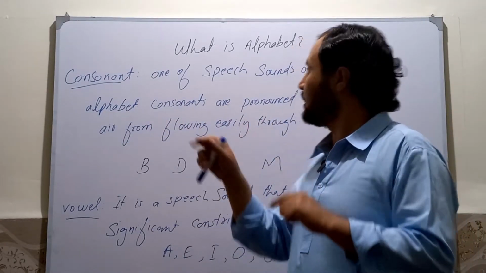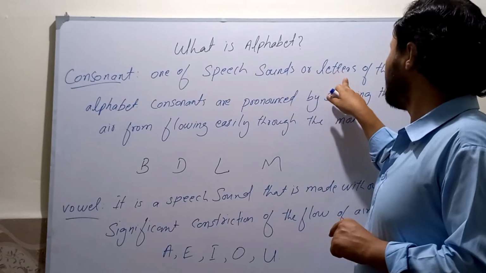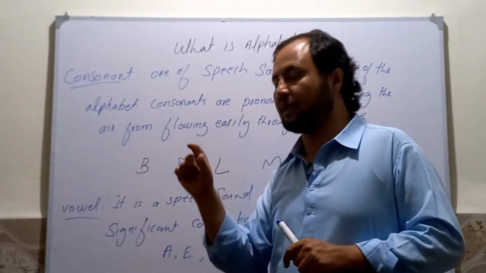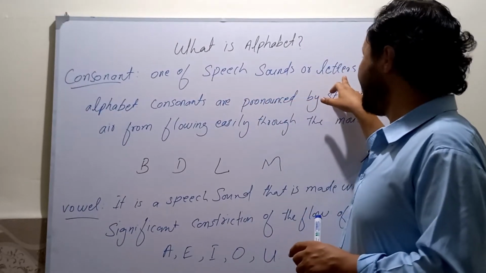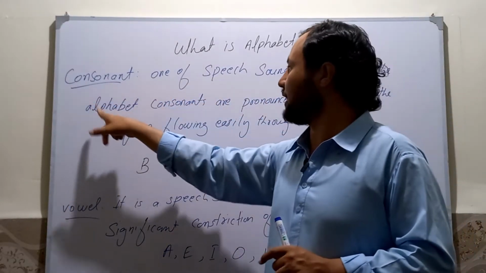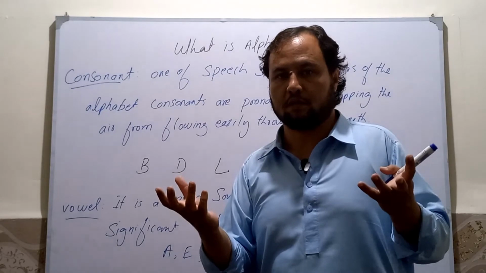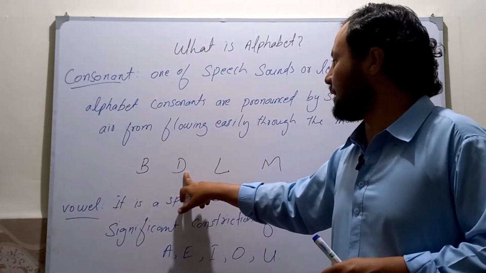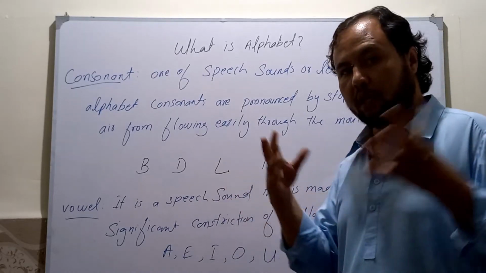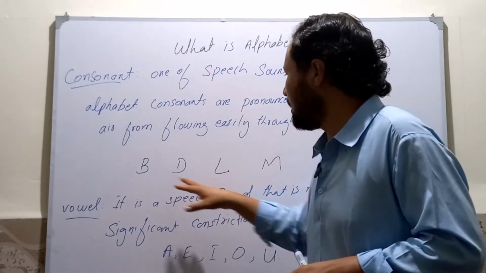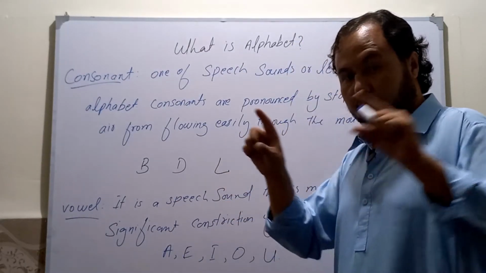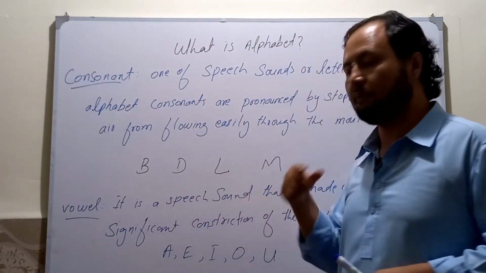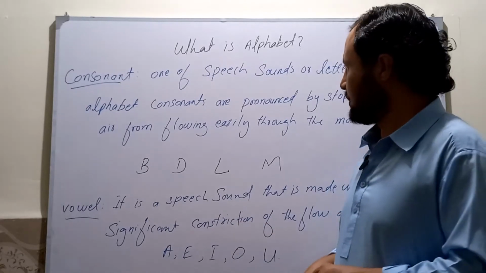Any symbol, or I should say any letter from the alphabet, is called a consonant. It can be B, it can be D, it can be L, or it can be M. If they are in a sequence, we call them alphabet. Individually like this, we call them letters.